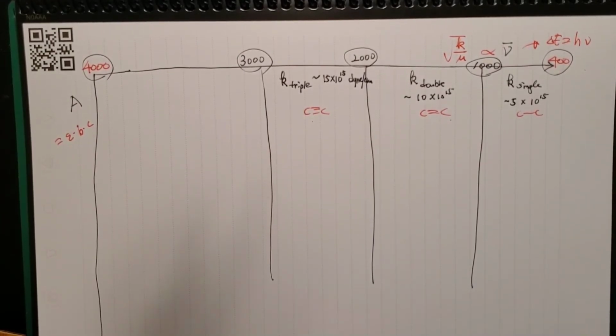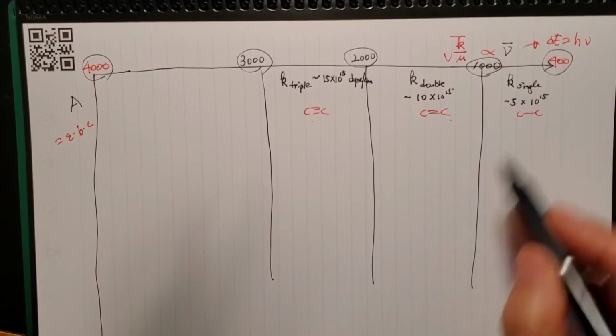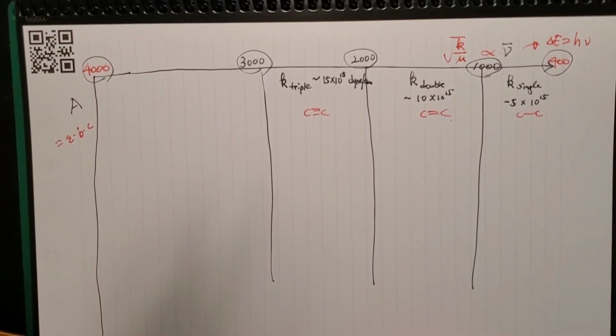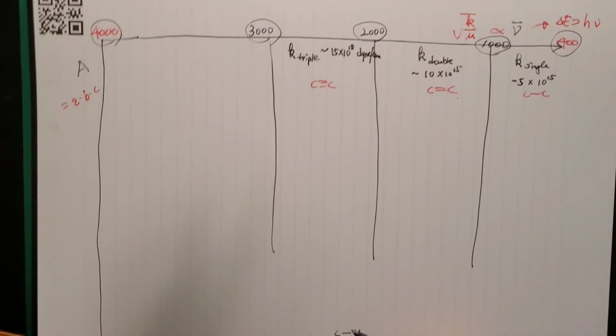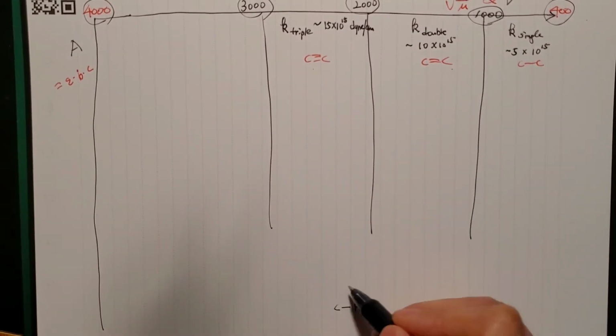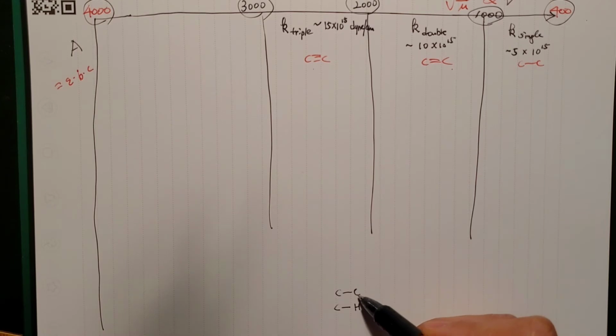However, what if you have a hydrogen instead of carbon? You have a carbon and a hydrogen compared to a carbon and a carbon. The difference in the mass unit, if you think about it, right? 12 versus 1.